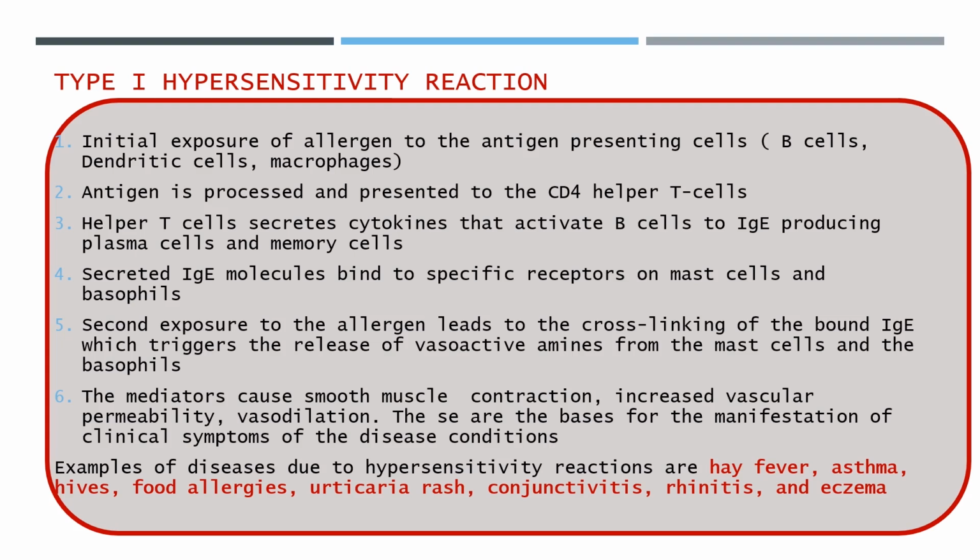And these responses are the basis for all the manifestations that are caused by type 1 hypersensitivity reaction. Examples of diseases that are known to be due to type 1 hypersensitivity reaction are hay fever, asthma, food allergies, conjunctivitis, and some forms of dermatitis like eczema.